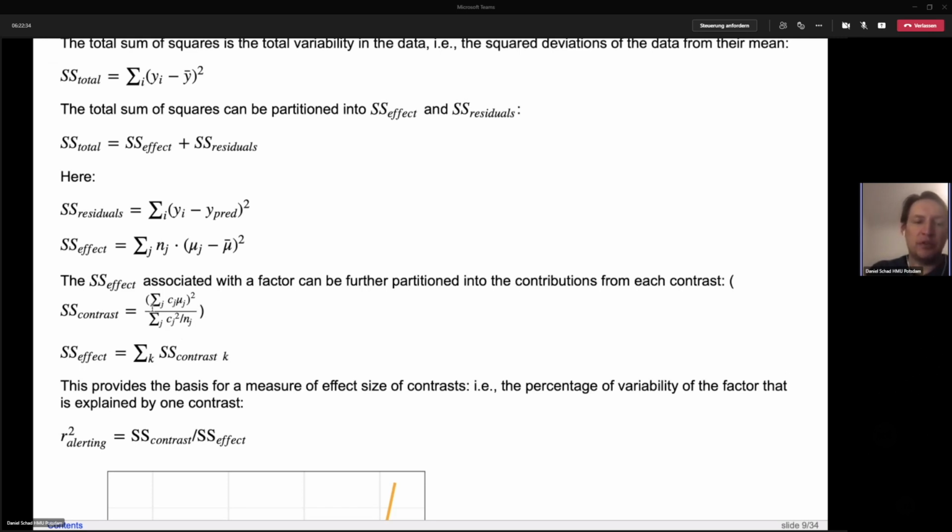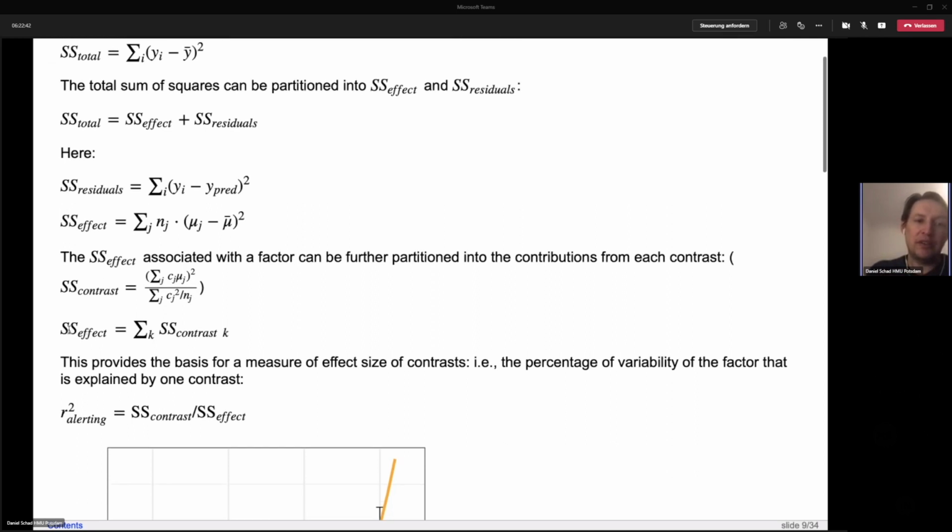I'm not sure you have to remember this formula, but it tells us the sum of squares for each contrast that we compute. And it turns out that the sum of squares of the effect is the sum of all individual contrasts.